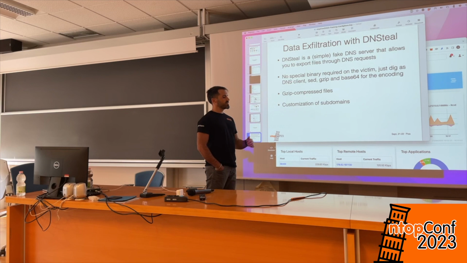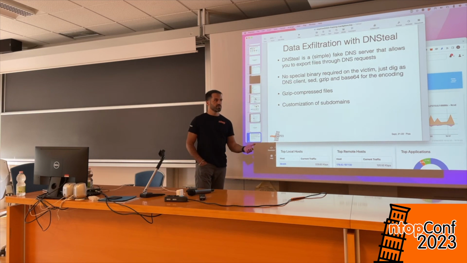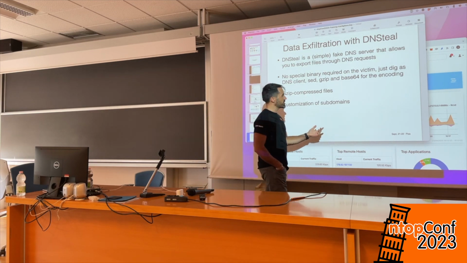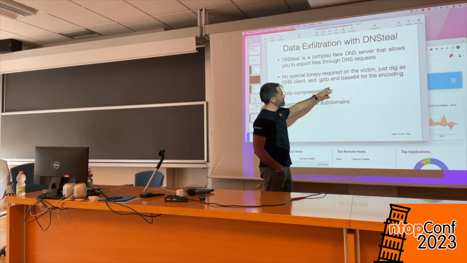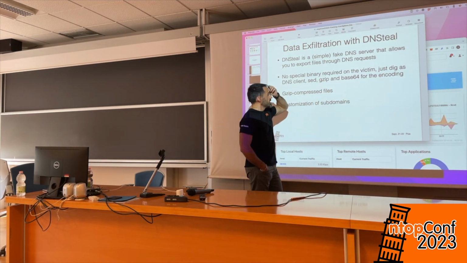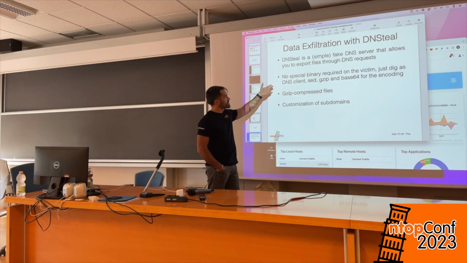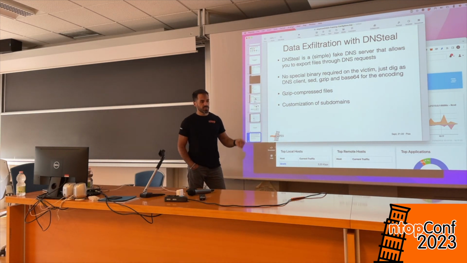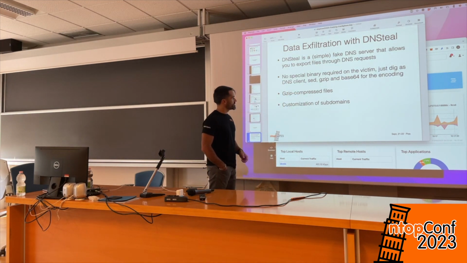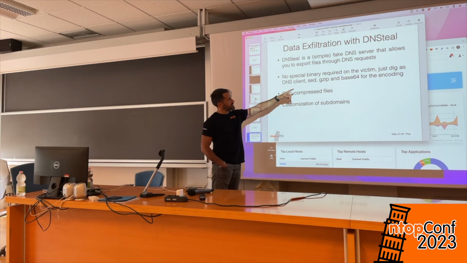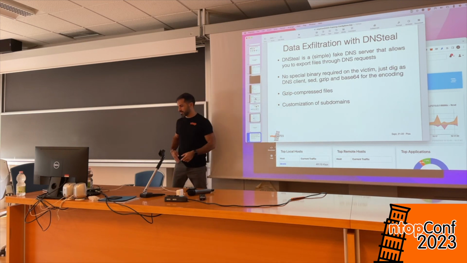On the client side, you don't need any special binary. You just need tools already present on the machine, like dig, sed, zip, and base64. In essence, you can use this to exfiltrate data, even injecting a command from a web server. It compresses the files, encodes them, and sends the DNS request.